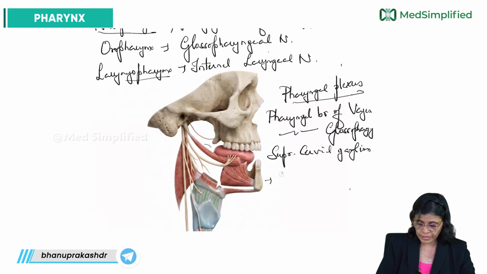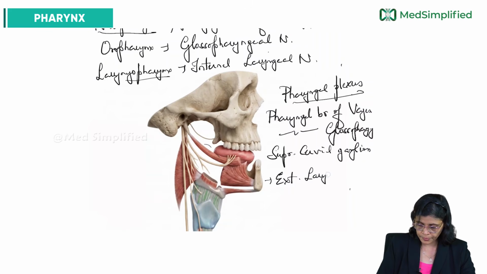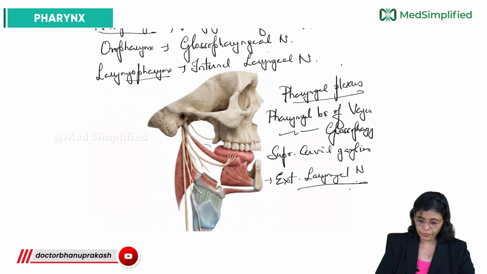Then sometimes a branch from the external laryngeal nerve also will contribute. So they form the pharyngeal plexus.